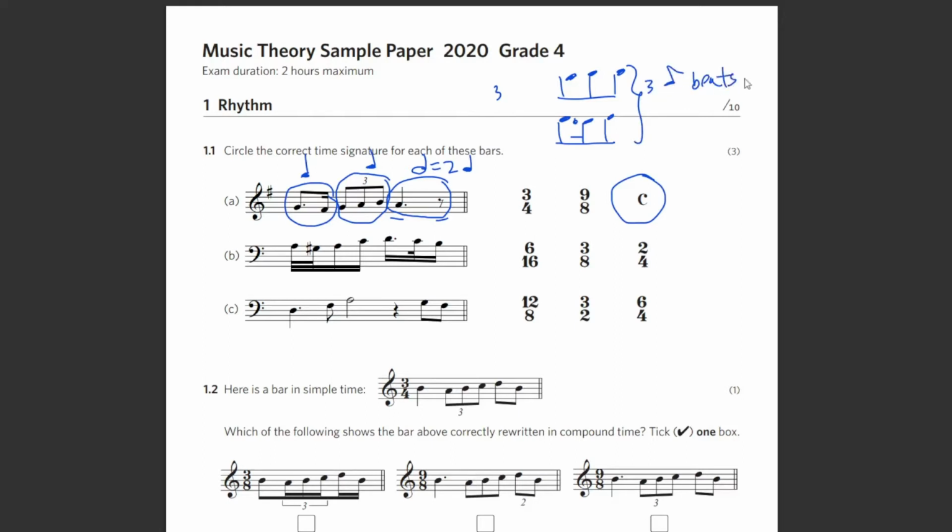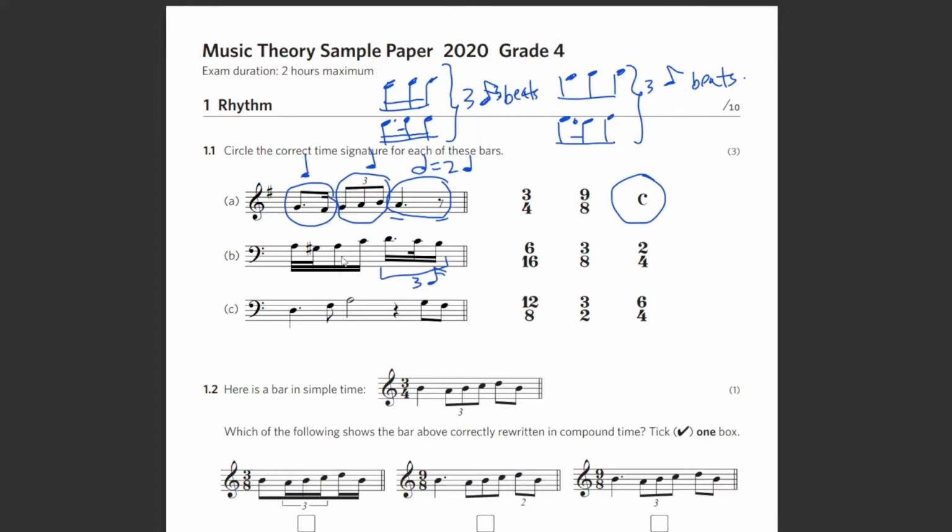But now, if I were to add an additional line across these, something like this here, whenever you add another tail or another line to the beamed notes, you are decreasing the note value, or halving the note value. So instead of being 3 quaver beats like this, it now becomes 3 semiquaver beats.